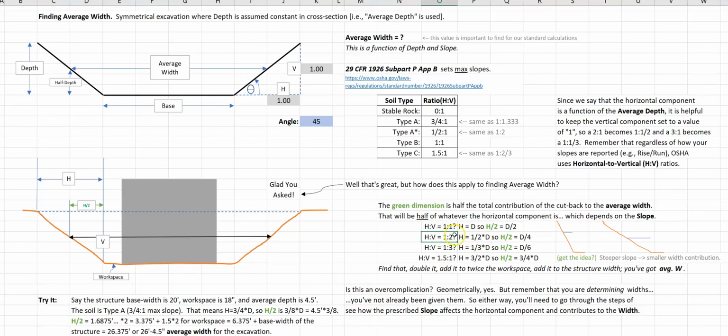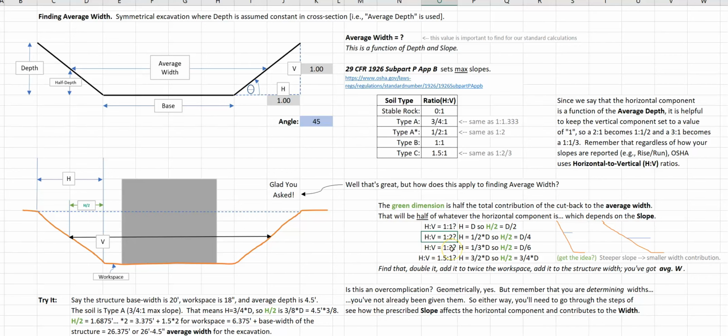By definition, it's 2 vertical for every 1 horizontal. So h over 2 is going to be half of that, right? This is the average depth divided by 2. So it's going to be the depth over 4. So 1/4 of the depth is this little value that we're adding in to the average width, to actually determine what it needs to be based off of the slope regulations.